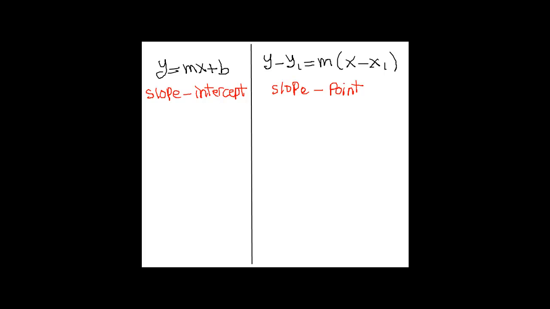Okay, so why do we call it slope-point? Because the information we have here is in terms of the point (x1, y1), and the slope is m. Whereas in the other one, we need the y-intercept.